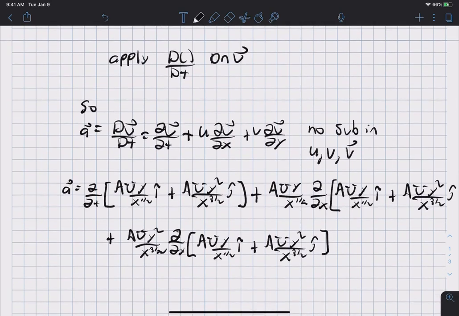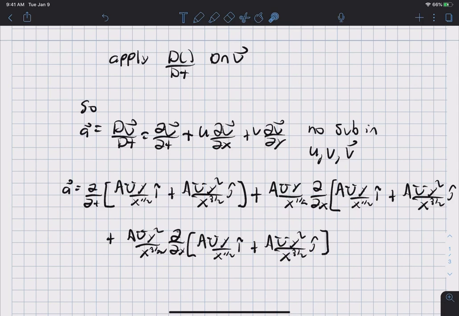So here's our expression. We've just simply substituted in the velocity vector when it calls for the velocity vector, keeping careful to note that the i hat and j hats are always there, and substituting in small u, which is right here.